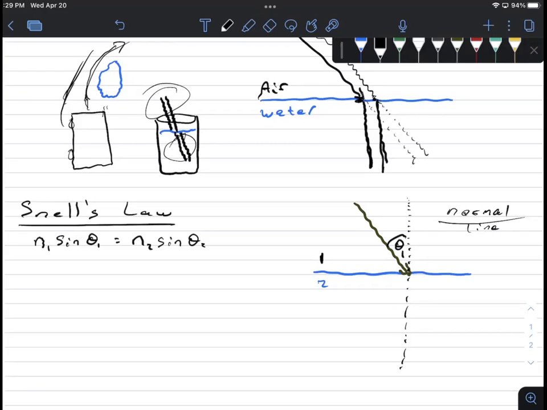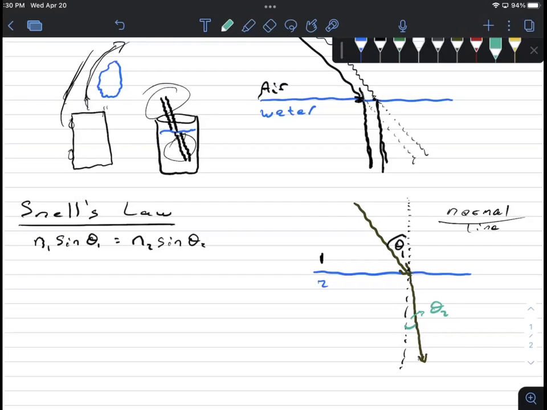Then it hits the second surface. And if the second surface is different than the first surface, then the light's going to bend. And so if it bends, let's say it bends like this. So now it travels this way. And this angle here is called θ2. And so we can see from the picture that θ1 is bigger than θ2.